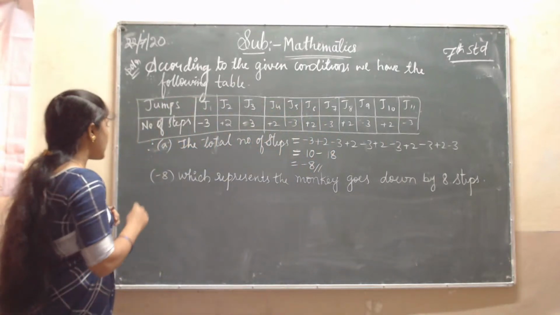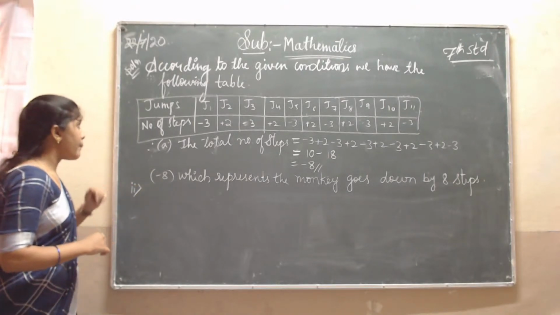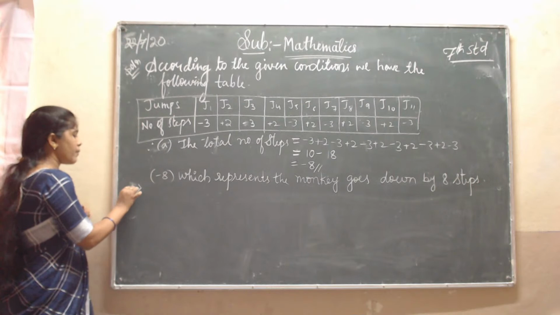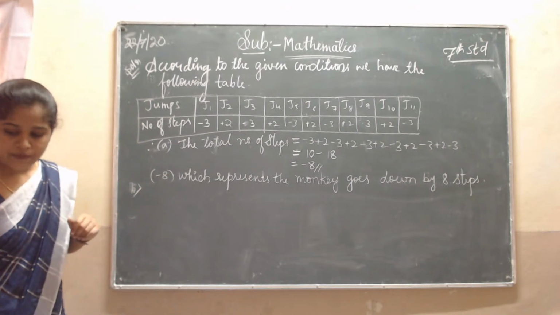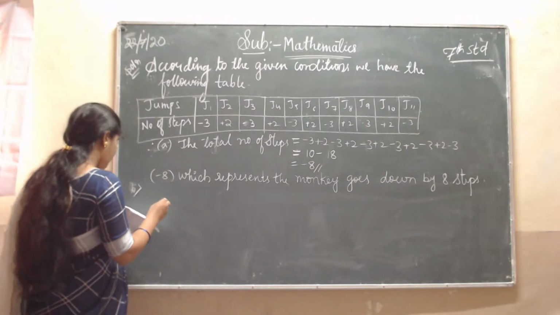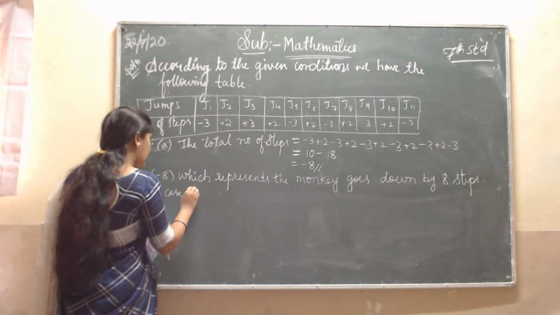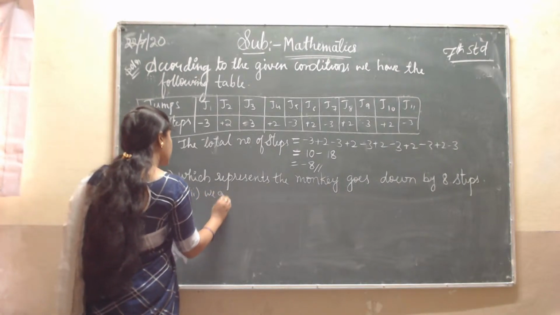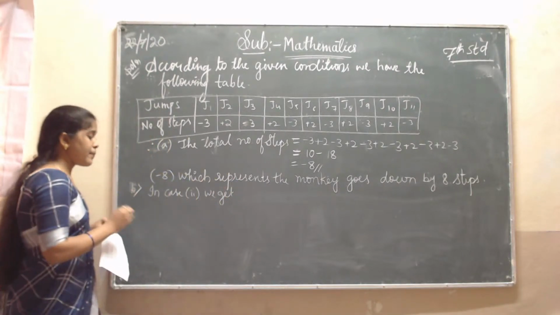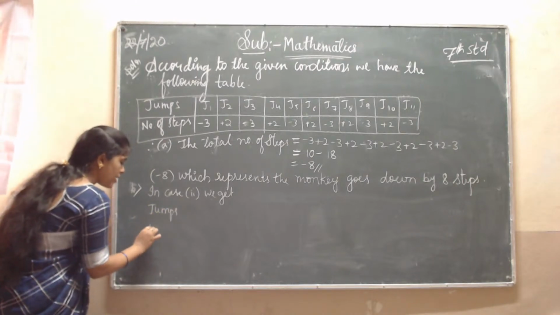Understand? Now, second question. In part B, in the second case we get the second table, jumps and number of steps.